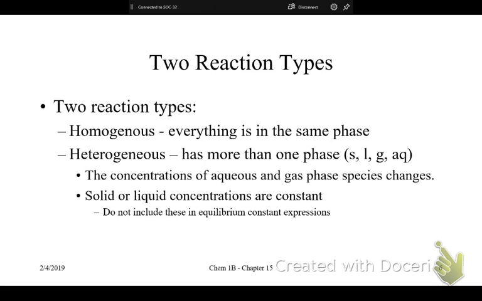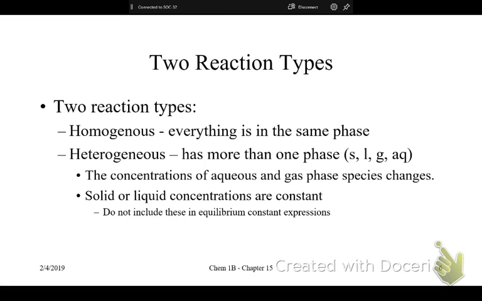Before we move on, I want to talk a little bit about homogeneous versus heterogeneous. Homogeneous just means it's all in the same phase. That means everything in the reaction is all gas or all aqueous. Heterogeneous means you have solids and liquids mixed in with the gases or the aqueous, or you have gases and aqueous mixed together, a bunch of different phases.